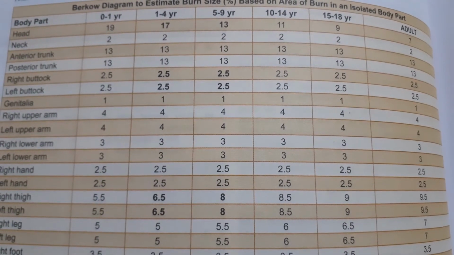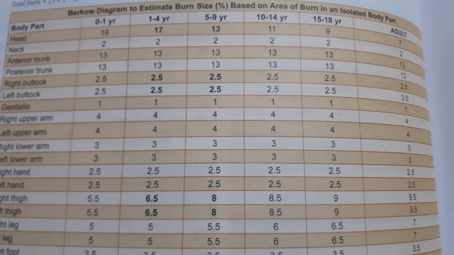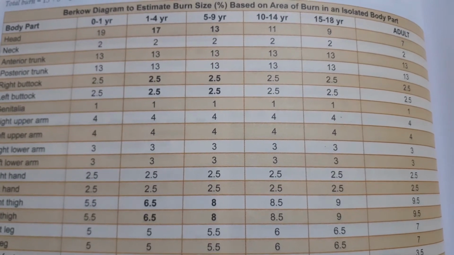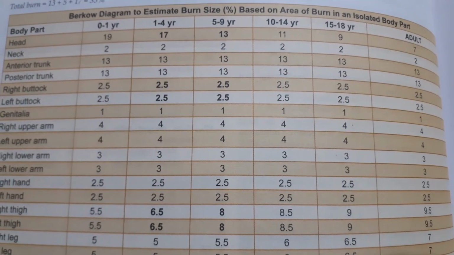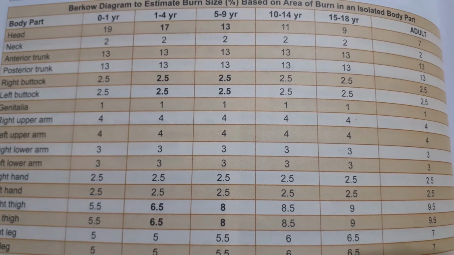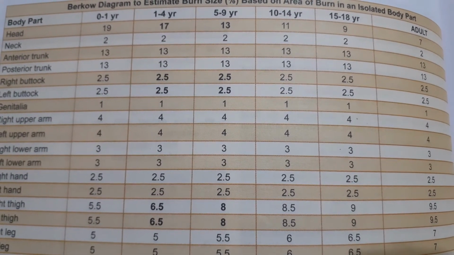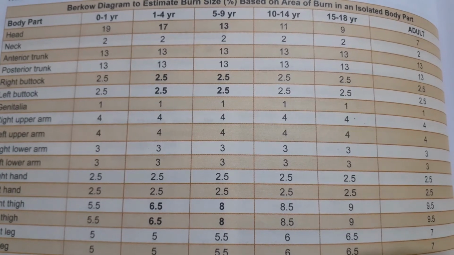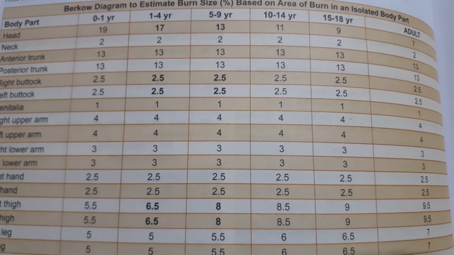We have to review the age group according to this Lund-Browder diagram: 0 to 1 year, 1 to 4 year, 5 to 9 year, 10 to 14 year, 15 to 18 year, and finally adult.